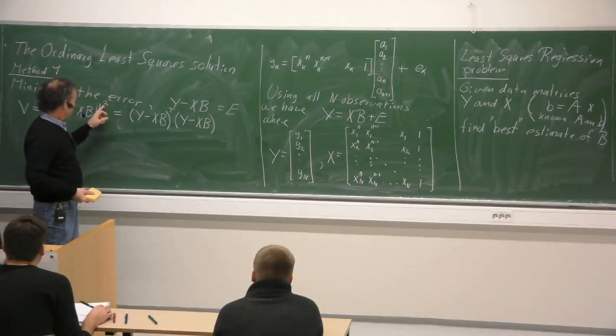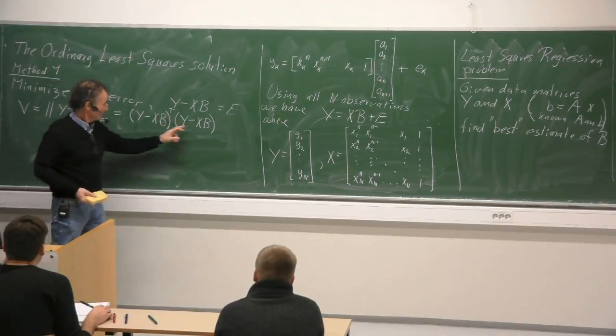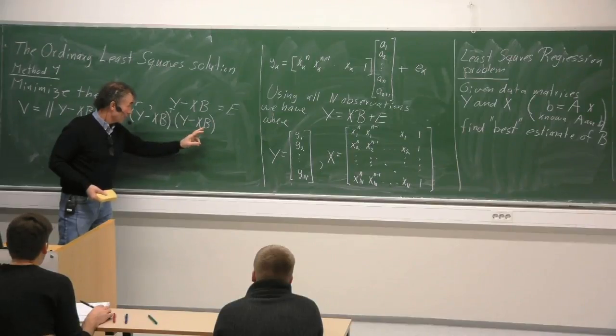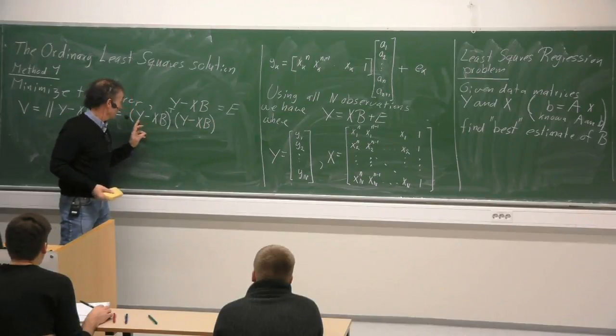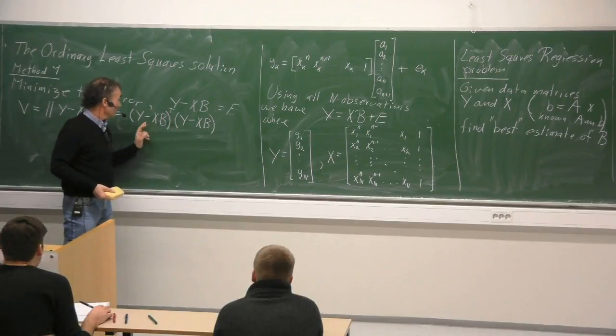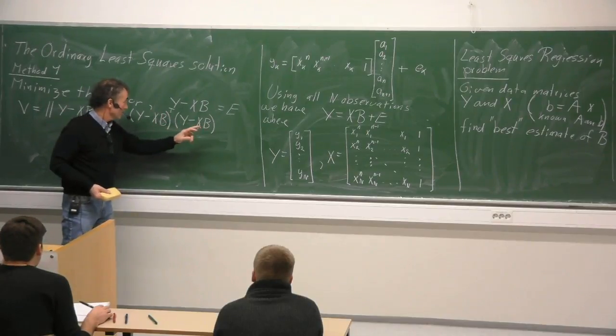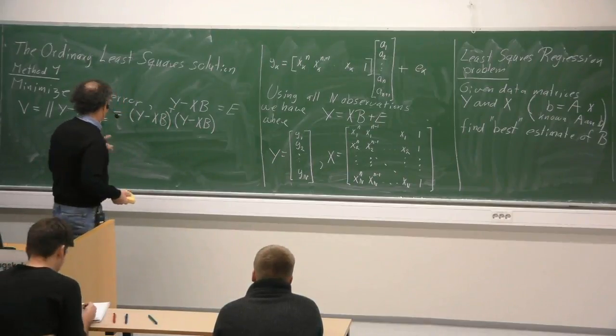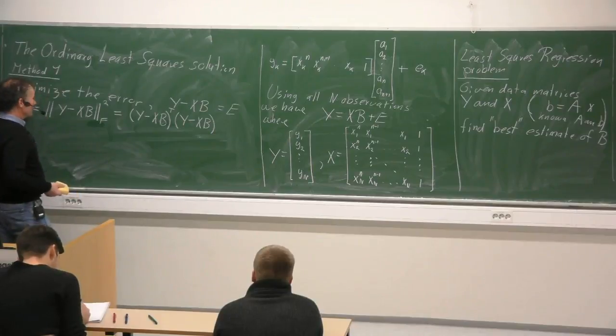And this squared here, and also we have squared. So let me multiply out all elements here: y transpose times y, minus y transpose times Xb, for parameters. And I will want to minimize V, the problem.